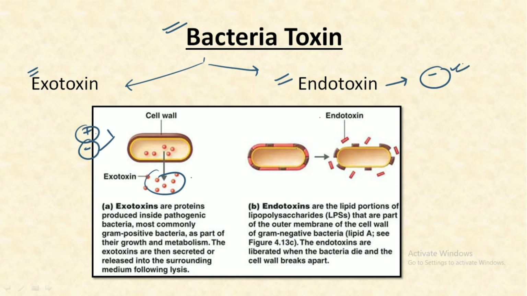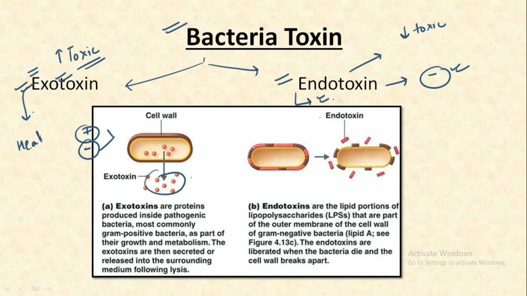In case of exotoxins, they are highly toxic, but the endotoxins are less toxic in nature, and because exotoxins are more toxic, they cause a severe disease, but the endotoxins do not cause severe diseases. Exotoxins are heat sensitive, and the endotoxins are not heat sensitive, rather they are heat stable.